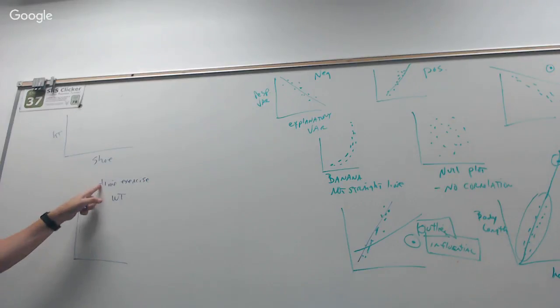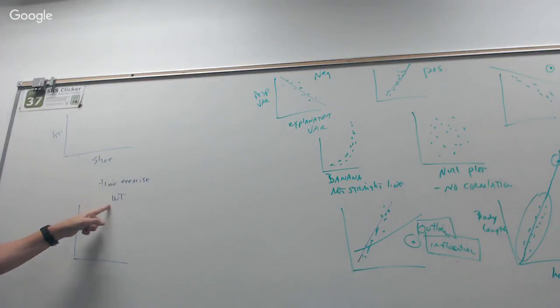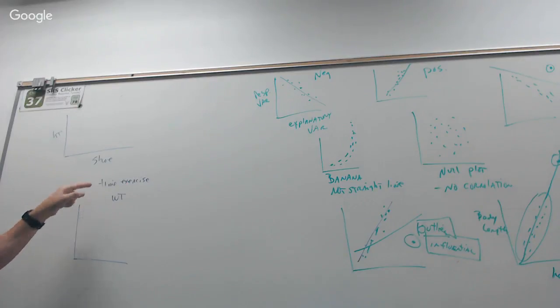Does the time you spend exercising explain your weight, or does your weight explain the time you spend exercising? Time, the first one, right? So we said that the time we would spend exercising would be on the x-axis, and your weight would be on the y-axis.